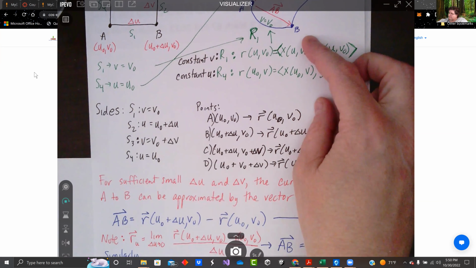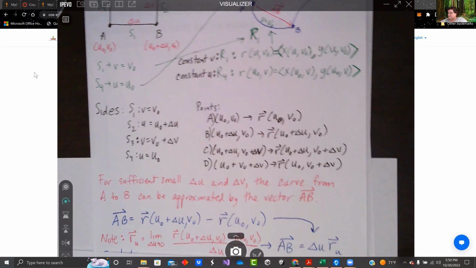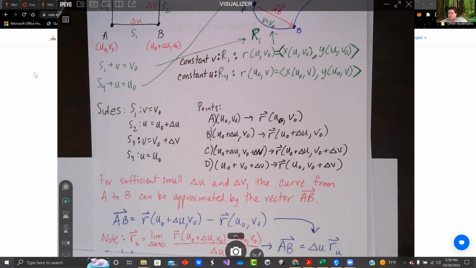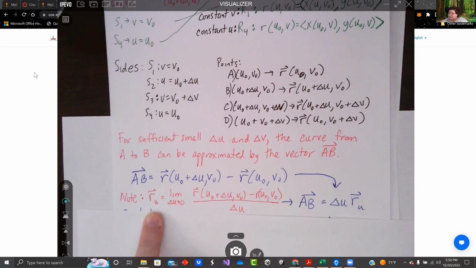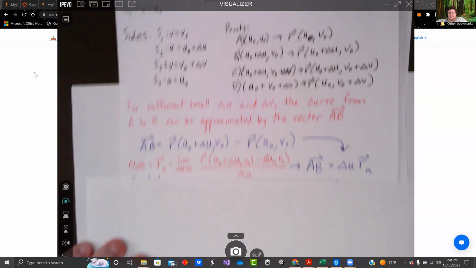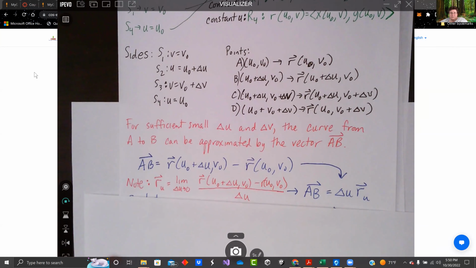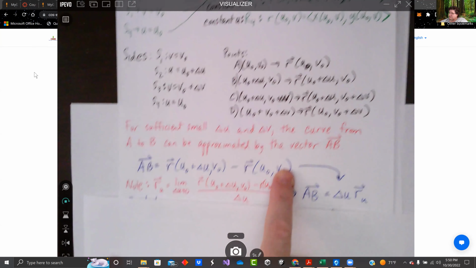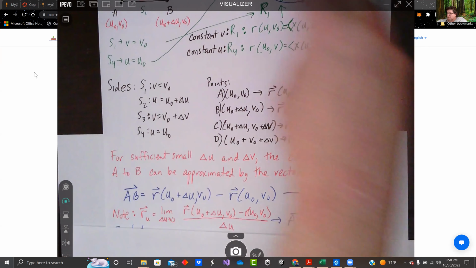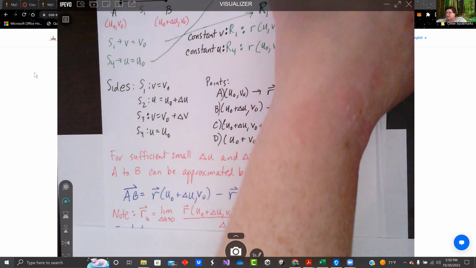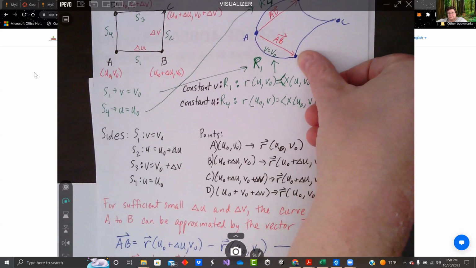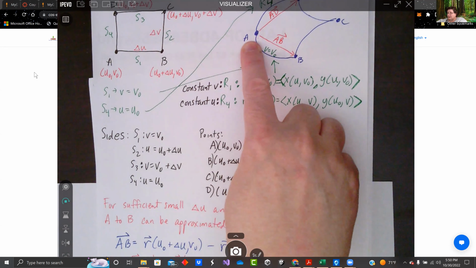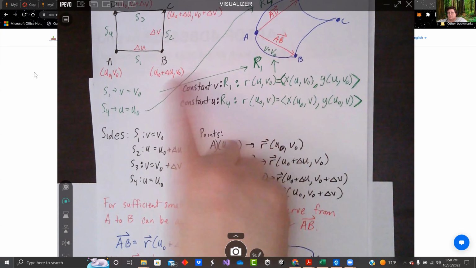If we did that as a limit of delta u going to 0, because we wanted it sufficiently small, notice this setup is actually the definition of the derivative of r with respect to u. When I take the limit of this vector, remember we take endpoint minus starting point for vectors. So our starting point is u naught, v naught in r, which is A, and B is u naught plus delta u, v naught.